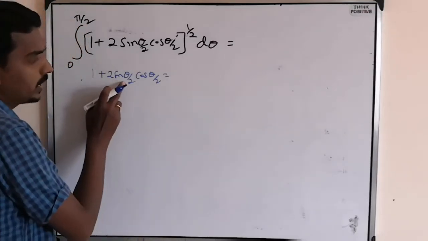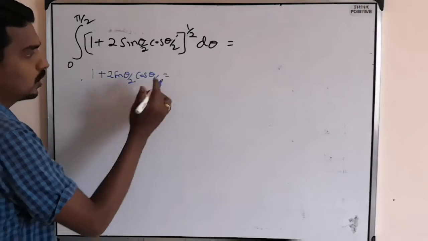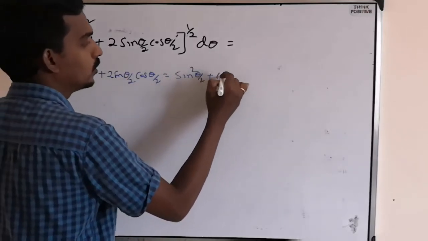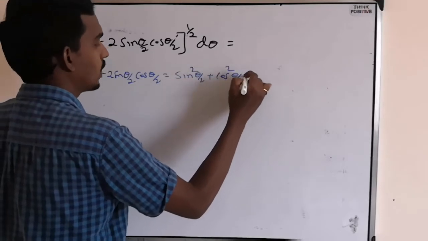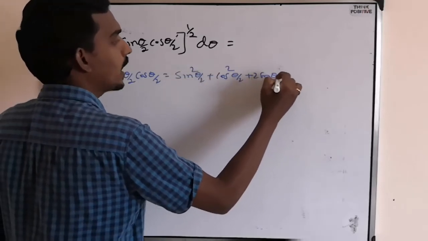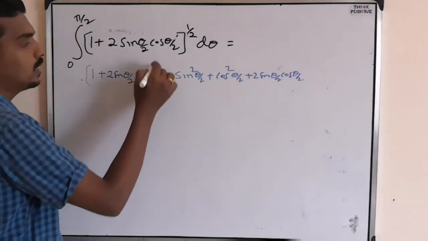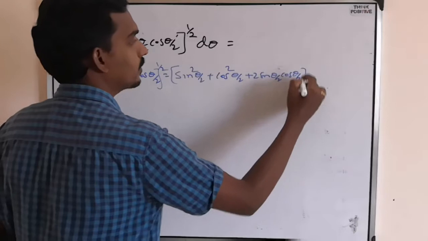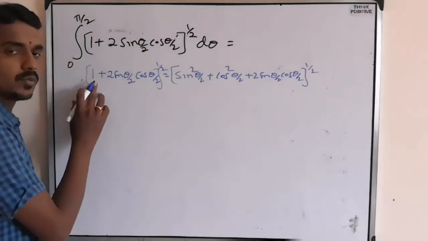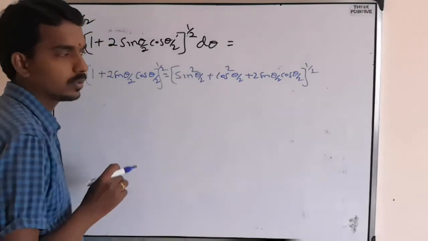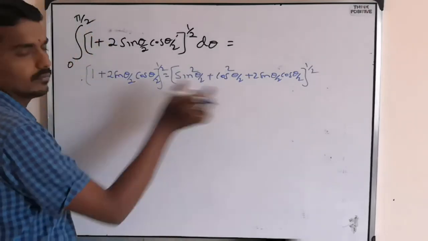Here it is of the 2ab form. So 1 I can write as sin square theta by 2 plus cos square theta by 2, plus 2 sin theta by 2 cos theta by 2, power 1 by 2. Since sin square x plus cos square x is 1, where x is theta by 2, the value is the same.